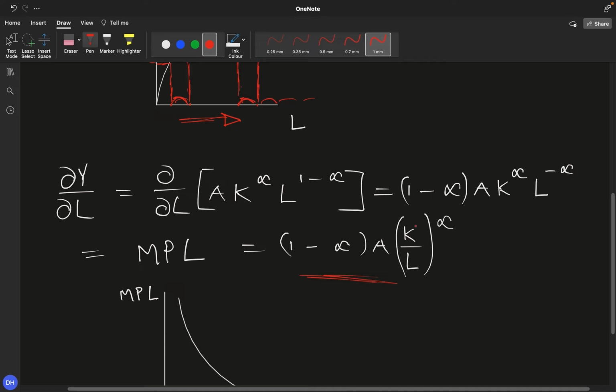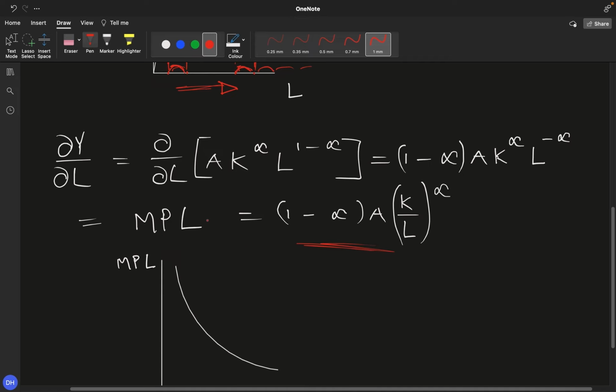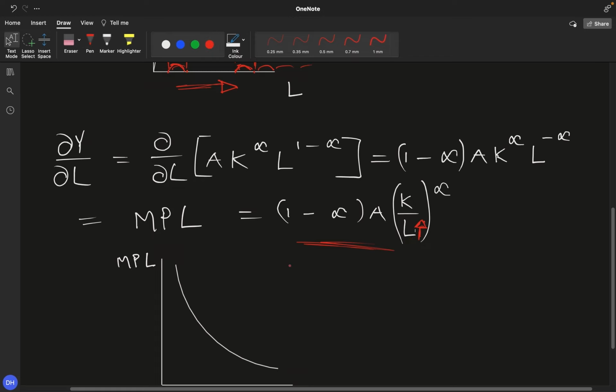And you can see here that marginal product of labour is a function of all this. If we hold everything constant and we increase labour, what happens? Well, this here inside the parentheses gets smaller as we increase labour, right? Because labour is in the denominator. So this remains positive always, but it gets smaller and smaller as we increase labour.